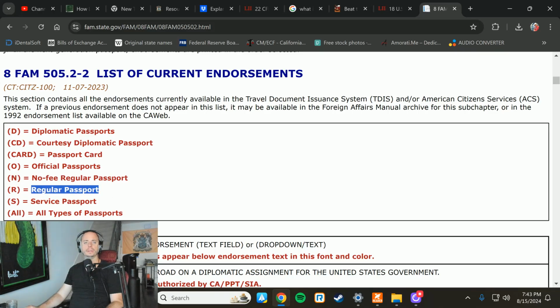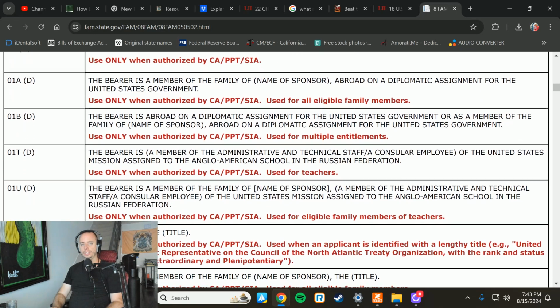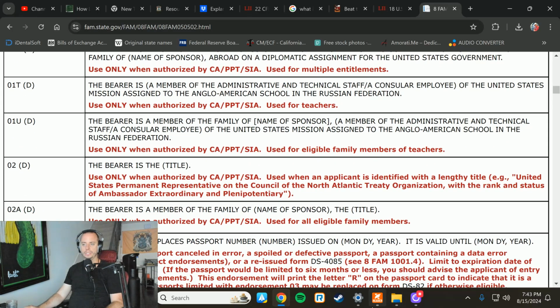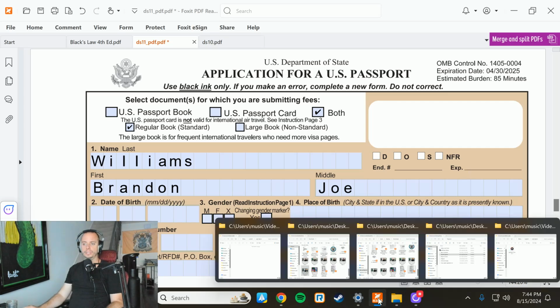R means regular. S means service. And then we scroll down and it has all these different codes. These are endorsement codes, right? So if you look at the DS-11, you have these D, O, S, NFR, and then END dot #. They're asking you, what endorsement code do you want? It's crazy, bro. I don't know what EXP is, but for the END dot, they're asking you what endorsement code you would like, right?